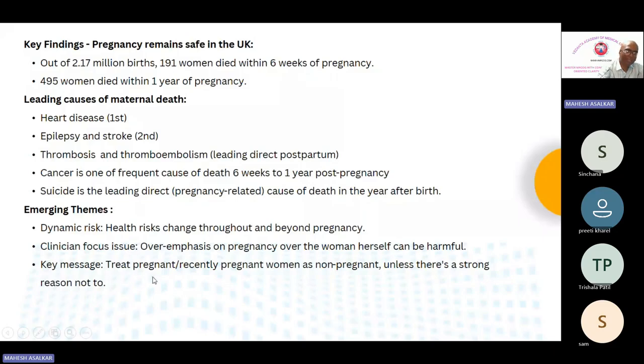Most of the time the clinicians and the patients are cautious about taking any treatment because of pregnant status. These indirect causes are not related to the pregnancy, they are associated with the pregnancy, either pre-existing, and if they are not treated, may lead to mortality. I hope you have understood the key message of this report.